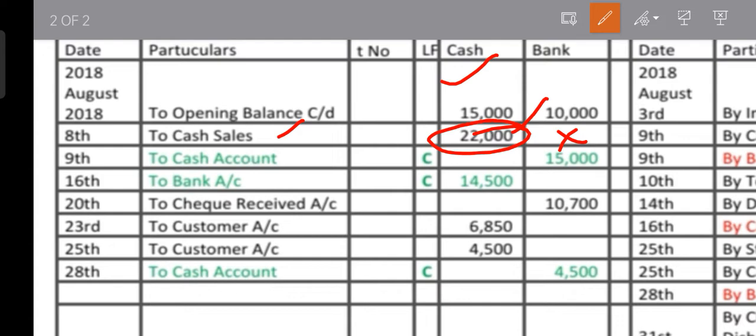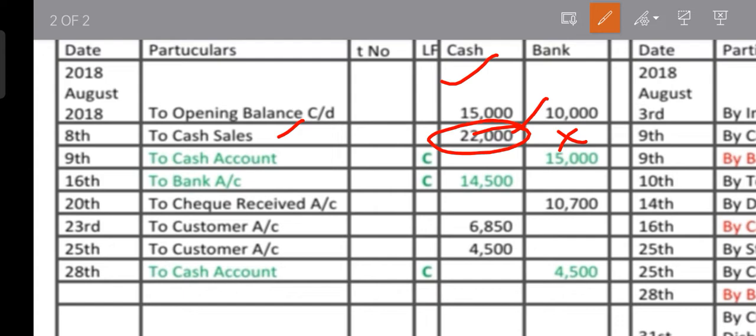This one point you should keep in mind: if any receipt is made in the form of an open check, other than a crossed check, and no information is given in the problem, the check is assumed to be cashed on the same date itself. That's why we record that in the cash column only, not in the bank column.